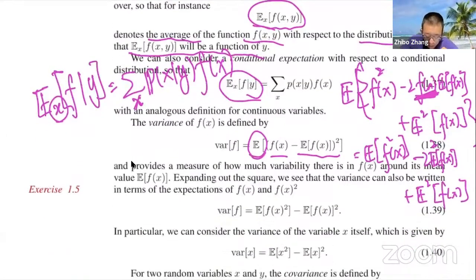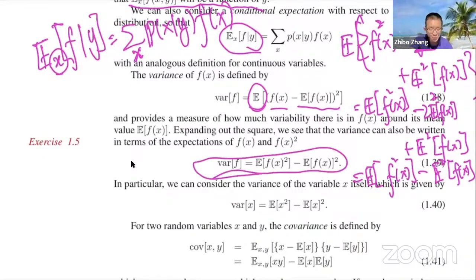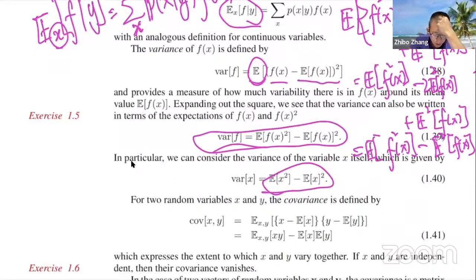Then it's going to be the expectation of f(x) squared minus the square of the expectation of f(x), which is exactly what it shows here. In particular, we can consider the variance of variable x itself, which is given by this, if we take out the mapping.